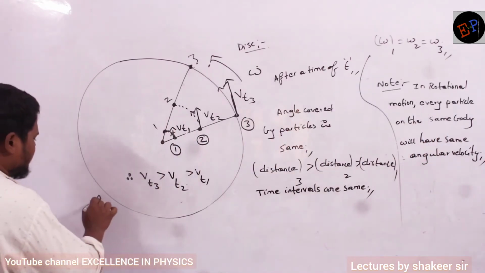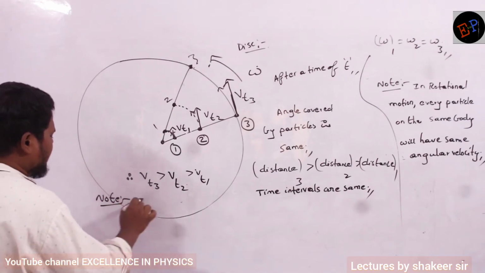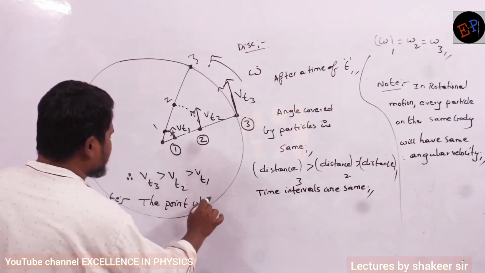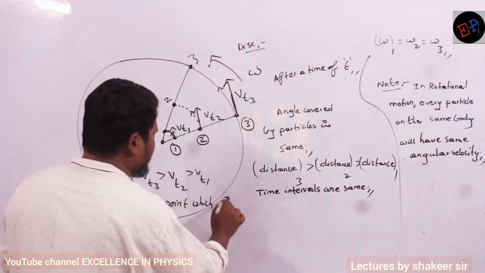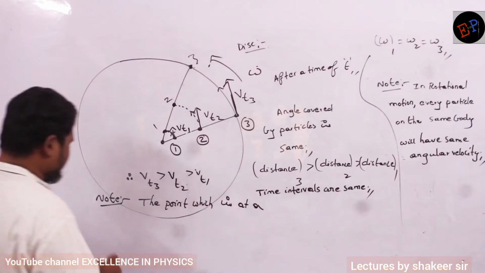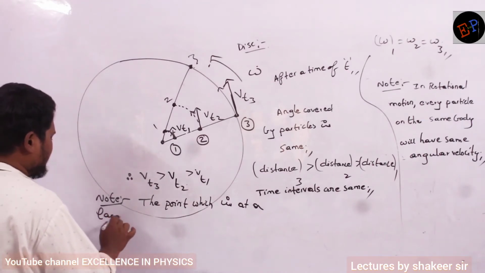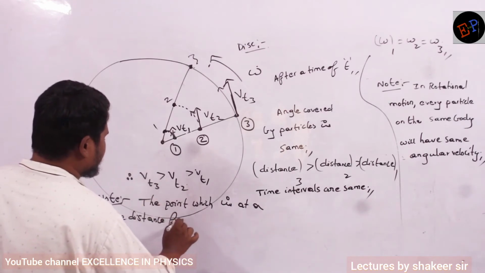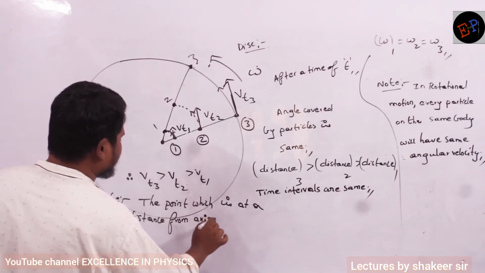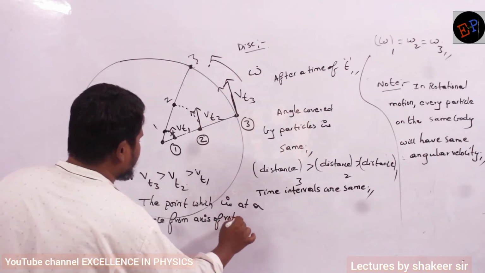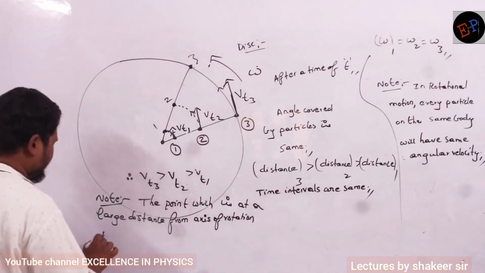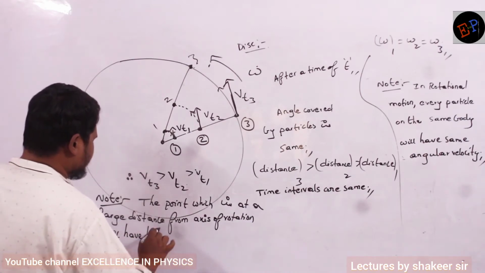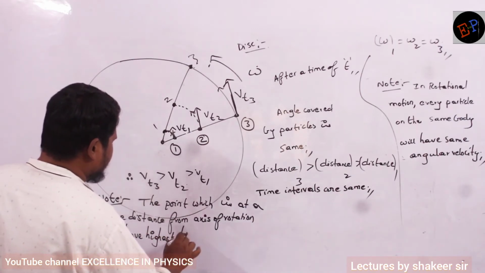The point which is at a large distance from axis of rotation will have highest tangential speed.